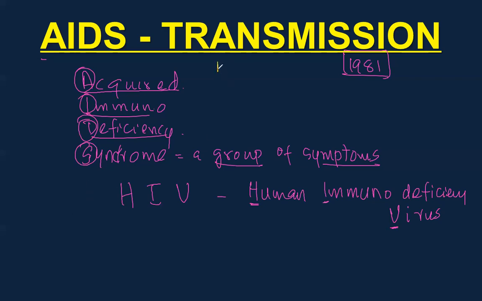It started in African jungles. In African jungles, you know, killing chimpanzees is prohibited because they are facing extinction. But in many African countries, chimpanzee meat is a delicacy.